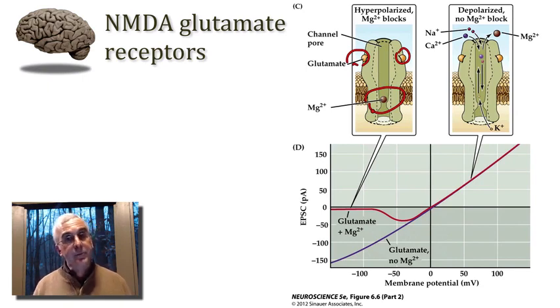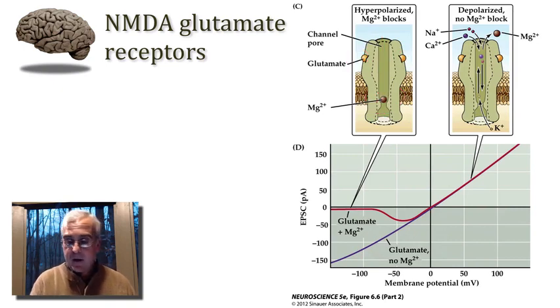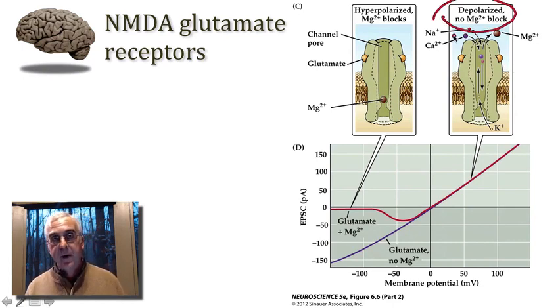And this is a problem for the conductance of the channel, because even if the pore of the channel is opened by the binding of glutamate with the coagonist glycine, current is not going to flow through this channel if magnesium is present. Magnesium essentially blocks the flow of current through the channel. However, it's possible to get rid of that magnesium, and the way that happens is by depolarizing the membrane.